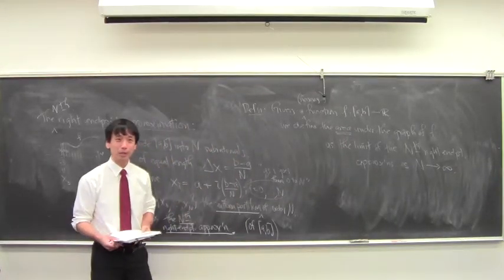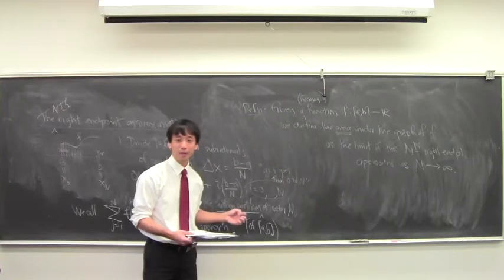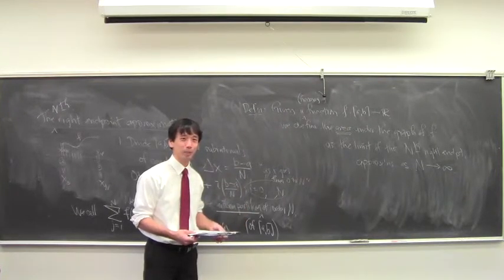So this is how we're going to define area. It's the limit of the nth right endpoint approximations.